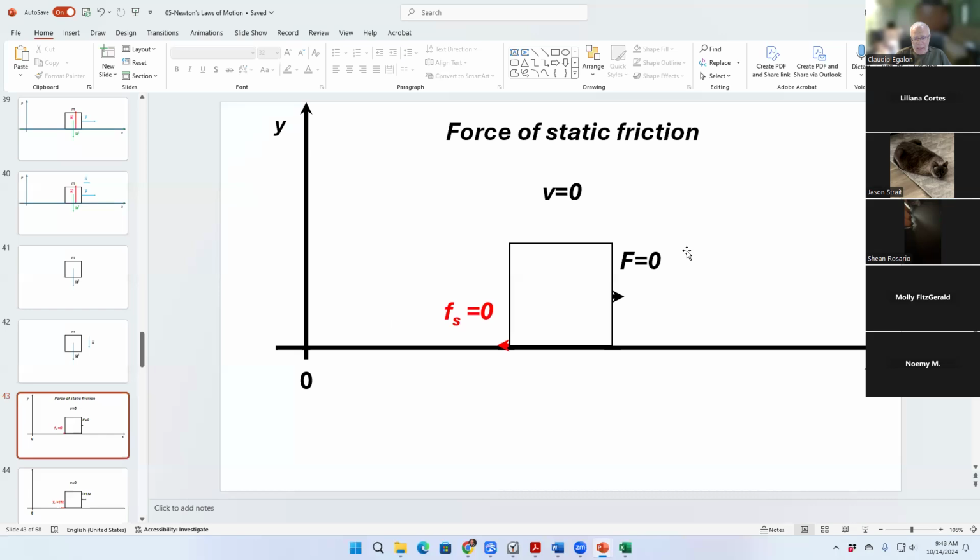So if an object is sitting here at rest and there is no force being applied to this object, that's why I put F equal to 0, right? A very small arrow here denoting that the force is 0. It means that the force of static friction must be 0 as well, okay? Make sense? Velocity is equal to 0. Net force must be equal to 0. If this force is 0, the force of static friction must be 0 too.